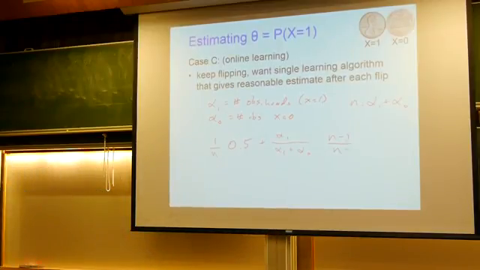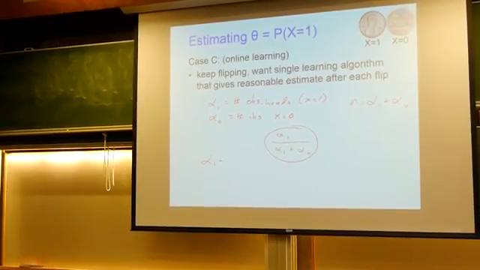Okay, so let me suggest one that I think captures the intuition you're after. What if, instead of using this formula, I use alpha 1 plus, I'll say I imagine 20 imaginary hallucinated coin flips, 10 of which are heads.